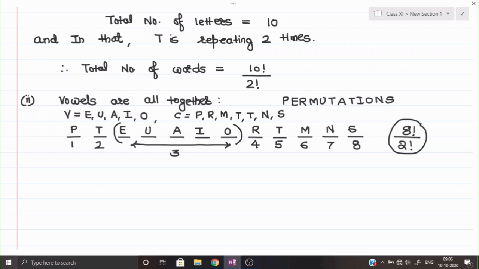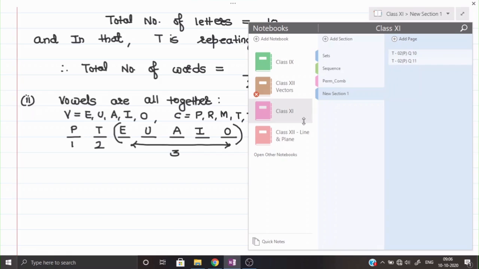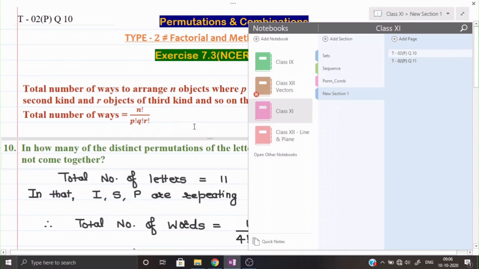In the previous question where all the I's were coming together, internally if they change places, the arrangement will look the same. Look at the previous question.